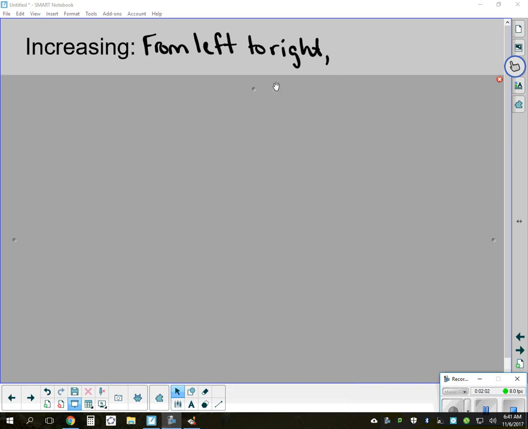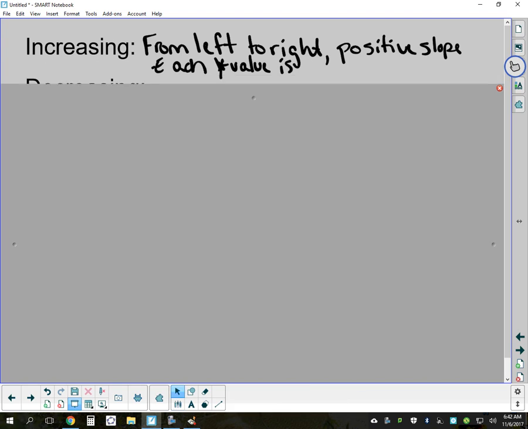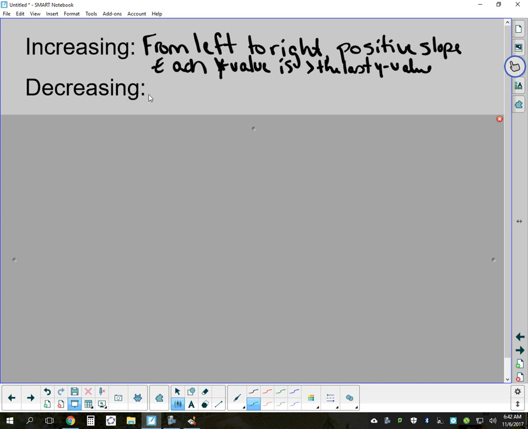From left to right, you have a positive slope. Another way to think of it is each y value is greater than the last y value. You guys know what increasing means. Decreasing then is going to be the opposite.